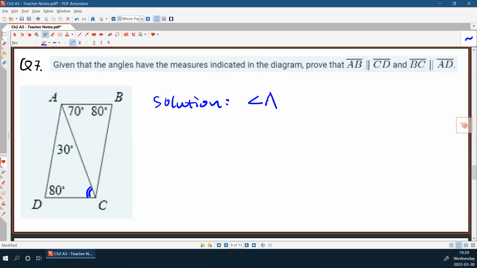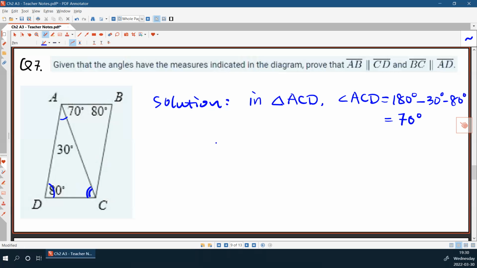Okay, angle ACD is in the triangle ACD, right? So in triangle ACD, we know that angle ACD equals 180 degrees minus this angle here and this angle here, right? So minus 30 degrees and minus 80 degrees, which is 70 degrees, right? Okay, therefore we have angle ACD equals angle CAB.